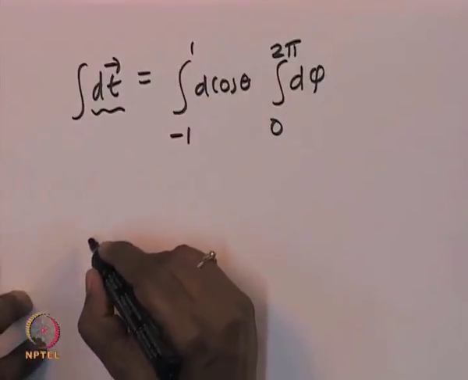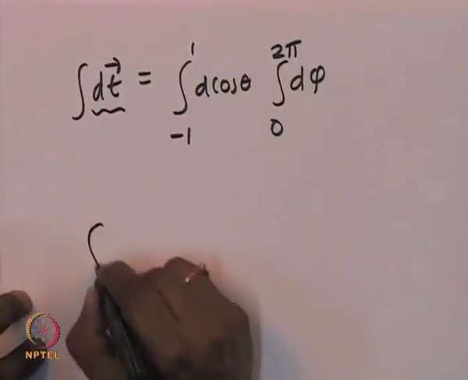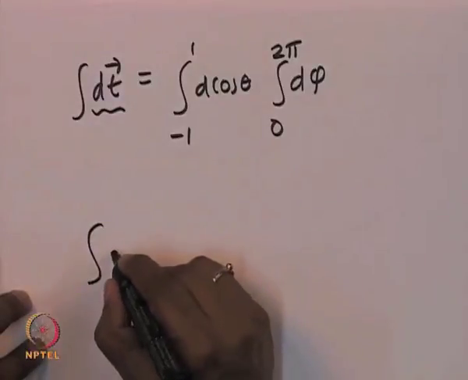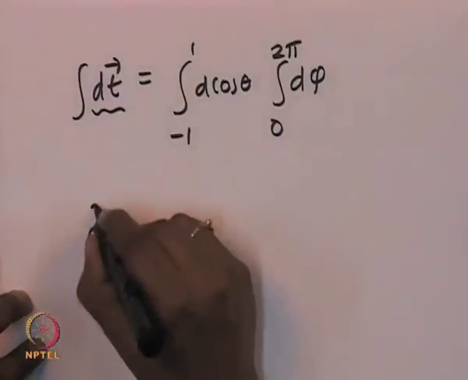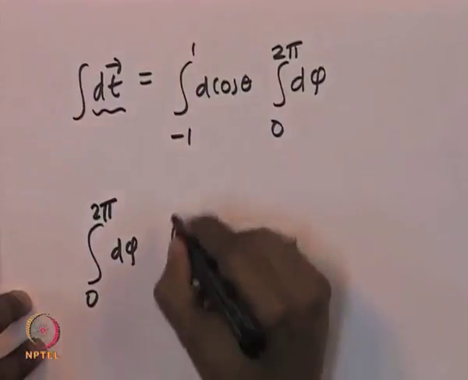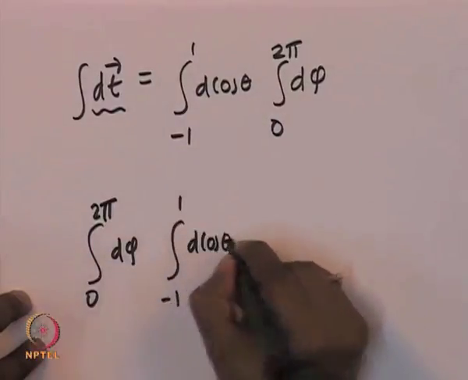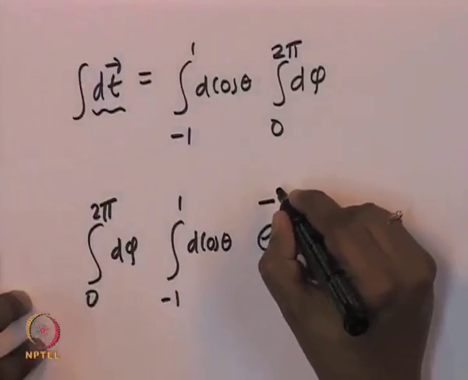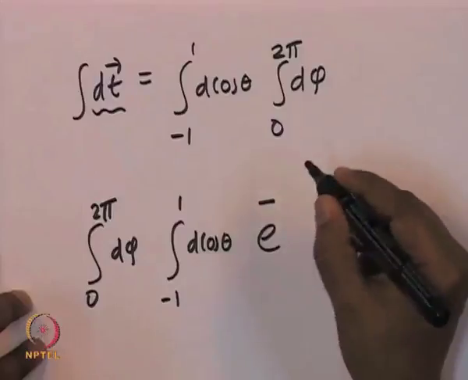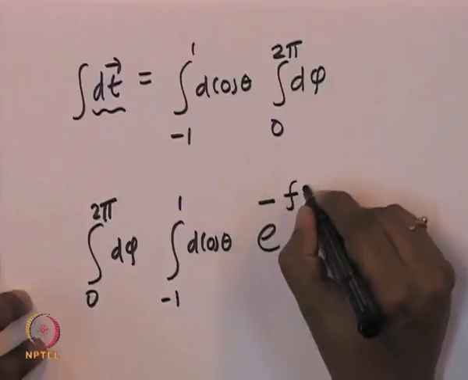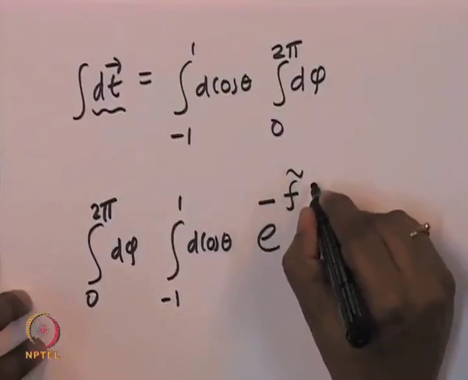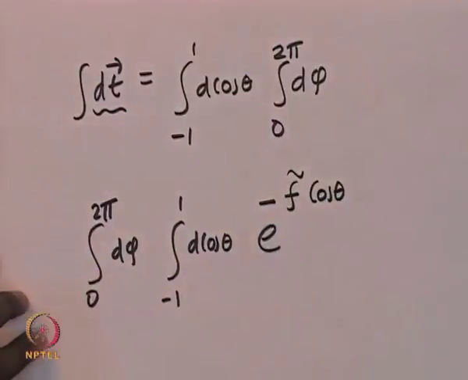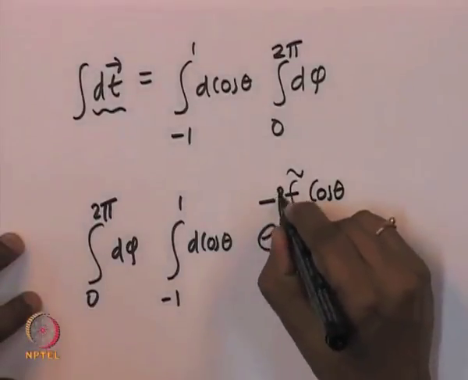Basically d phi, this will give you 2 pi, and minus 1 to 1 d cos theta e power minus beta f tilde cos theta, where there is a 1 by kbT, so let me put a beta there.